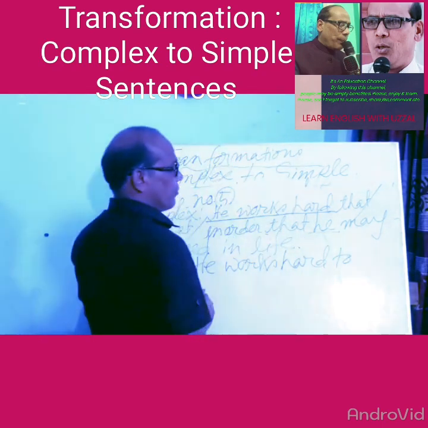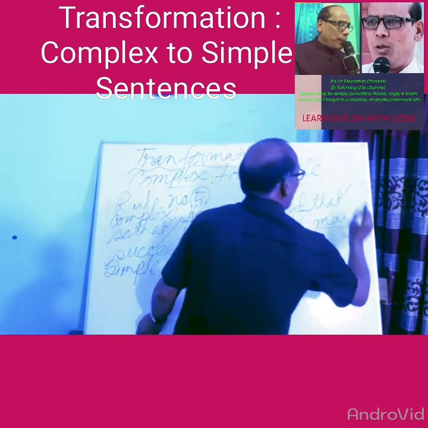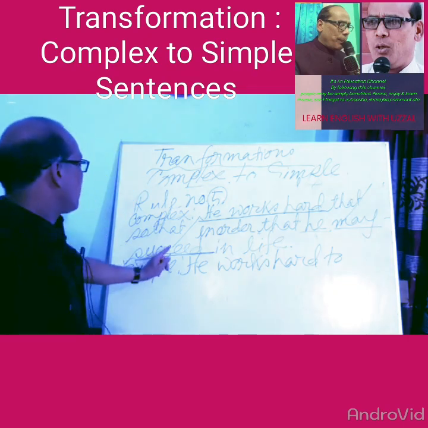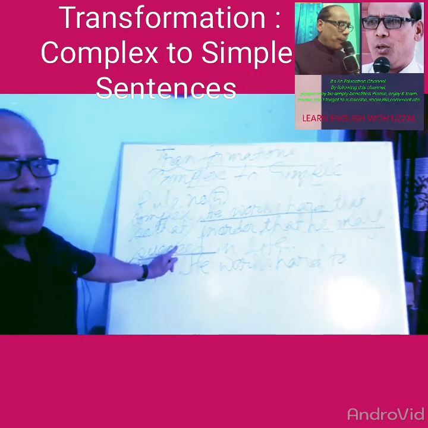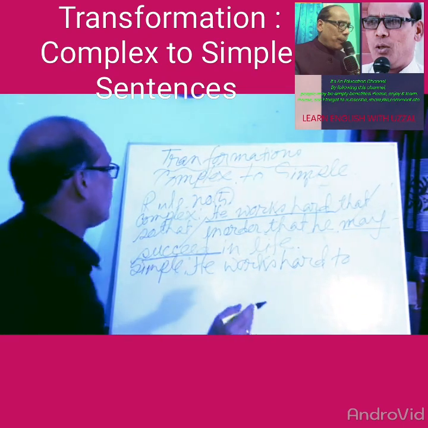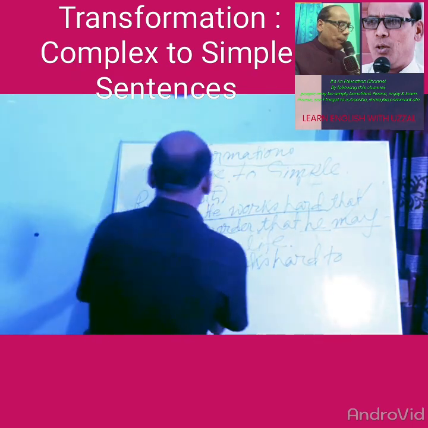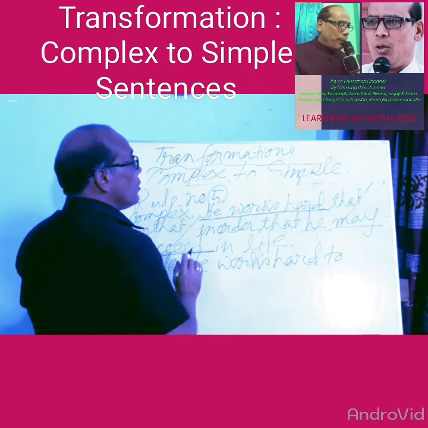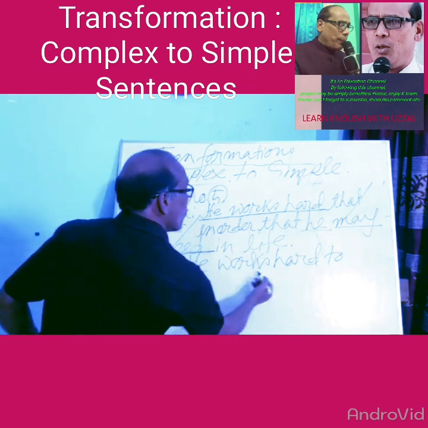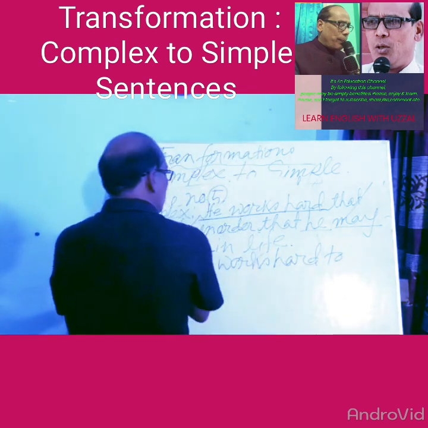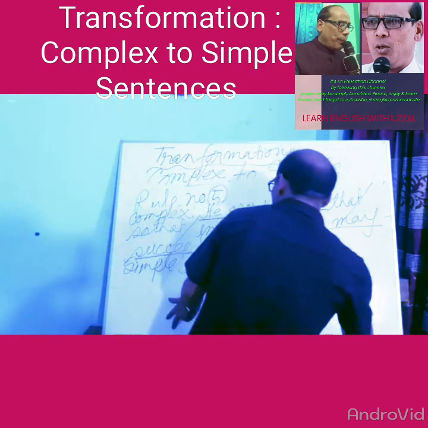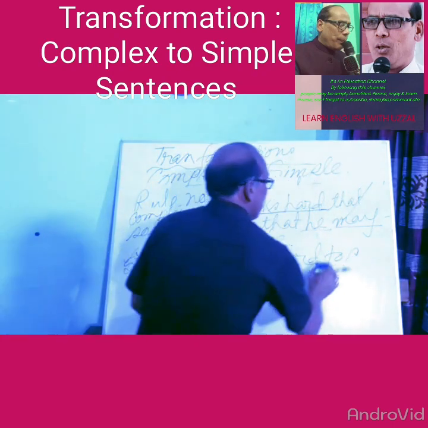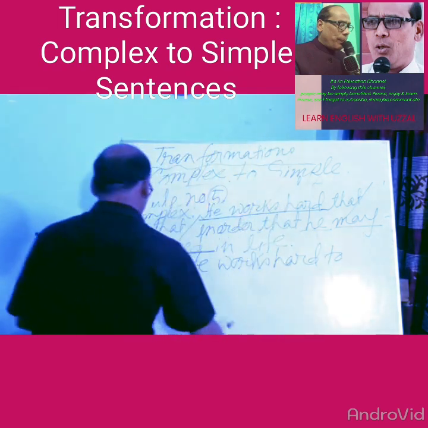He will not be used after to. May is a helping verb. Succeed is the main verb, and succeed is already in the present form. So very easy. We will use only succeed and the rest of the complex sentence. So he works hard to succeed in life.